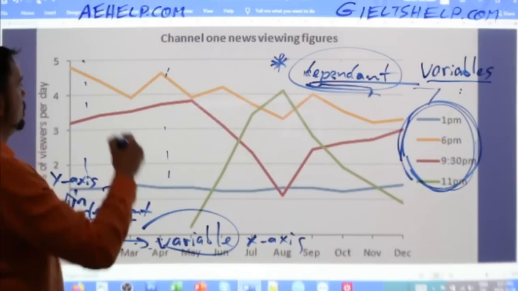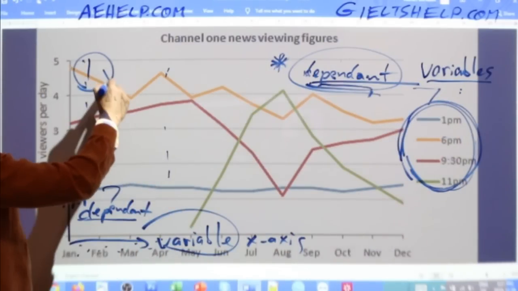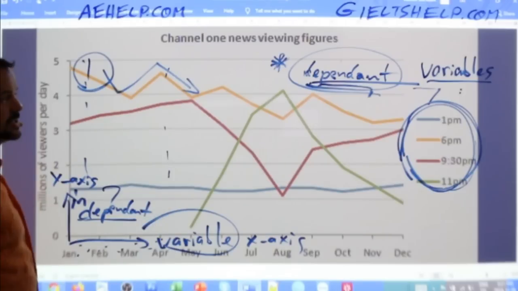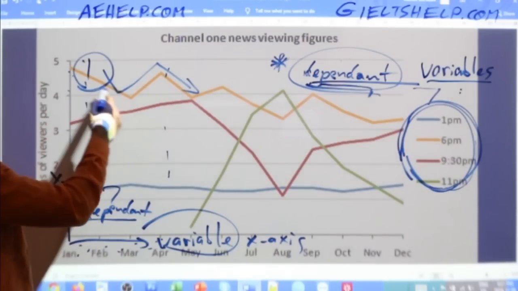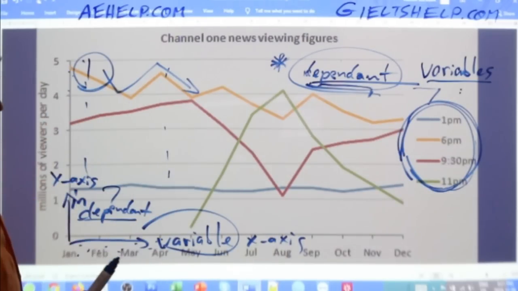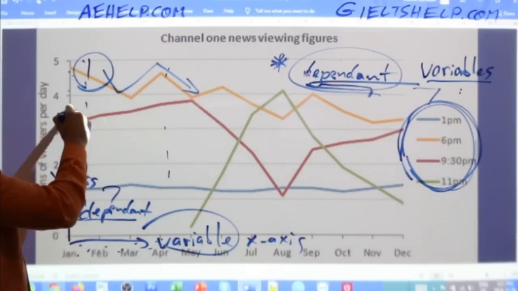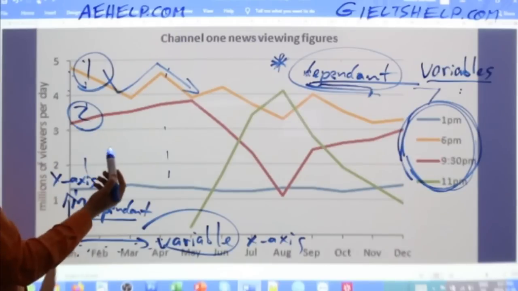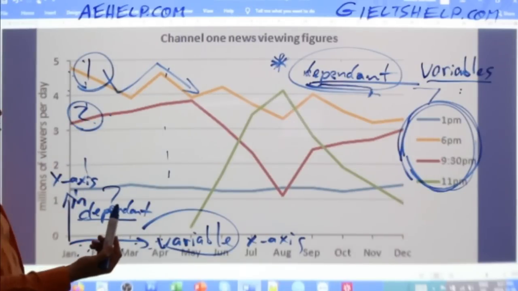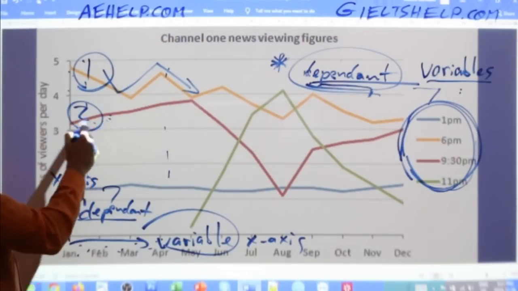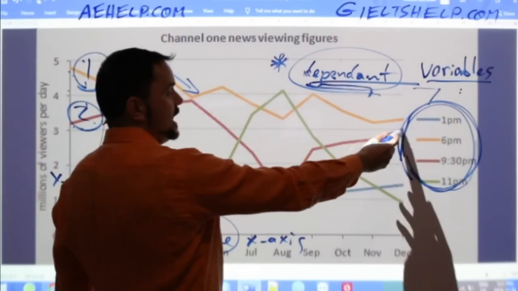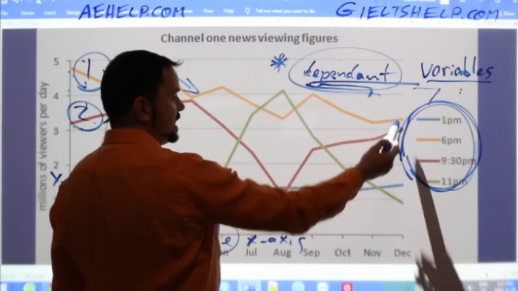So first, describe this line here. So describe the 6 p.m. news. Why? Because overall, it has the most views throughout the year. Then second, I would describe this line here, the 9:30 p.m. news, because it's the second highest. It starts in January, ends in December as the second highest.